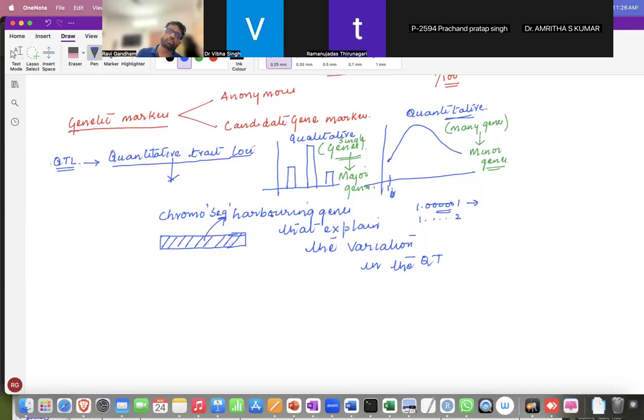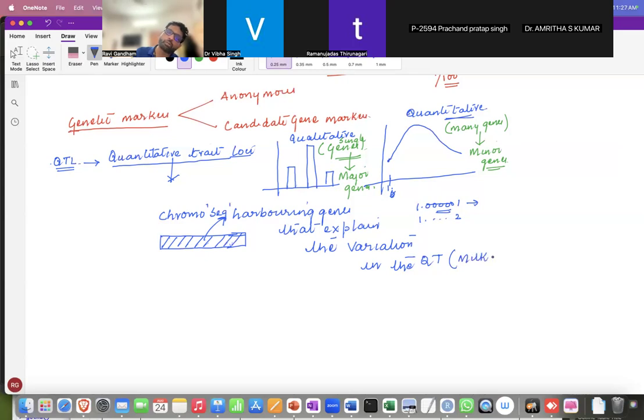Chromosomal segments harboring genes that explain the variation of the trait. If someone asks, what's a QTL? It's nothing but a chromosomal segment which you expect contains genes which explain the variation of that particular trait. The most common trait that we are discussing is milk yield.